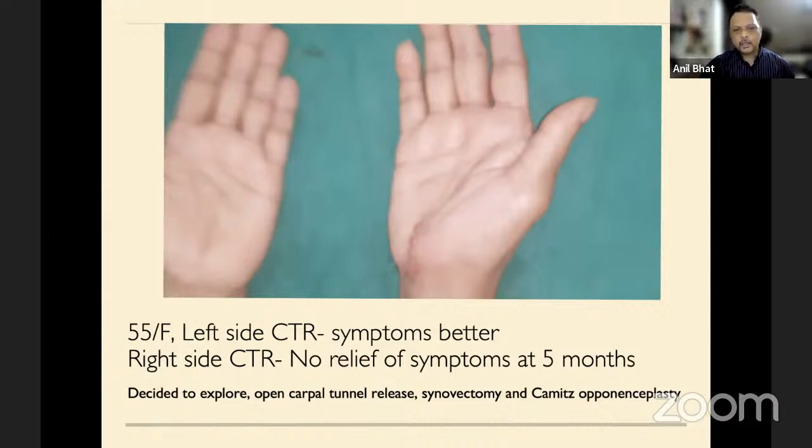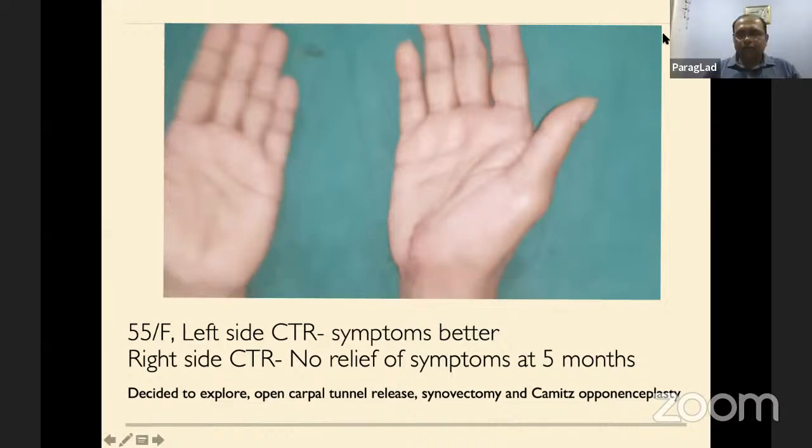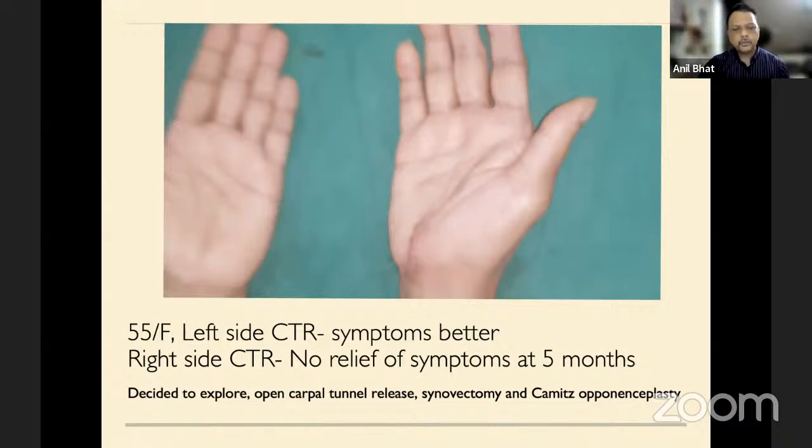If you see the scar, it's quite ulnar. So my primary investigation would be an ultrasound to see what's happened to the tunnel and to the nerve itself. Of course, I would then add a nerve conduction study with EMG, but my primary investigation would be an ultrasound in this patient.